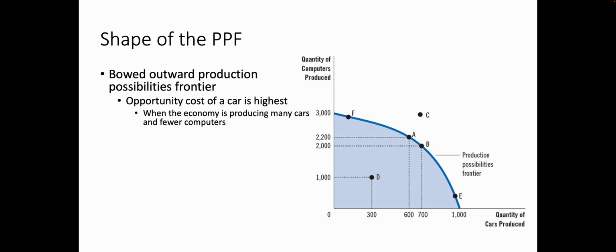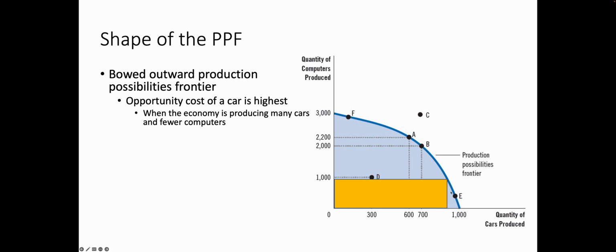It is highest when the economy is producing many cars. That would be something down towards this end because we're producing cars on the x-axis. Let's see that by starting at this point where we're producing about 900 cars and just under 1,000 computers.